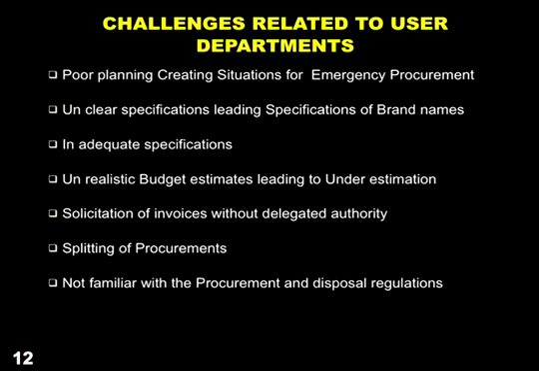And at the end of it all, when we go into auditing, these are the things that come out. So ladies and gentlemen, let's avoid splitting. When you split, you give us a lot of work as a procurement unit. If something wasn't split, we would have done it once. But now we're going to do it thrice.